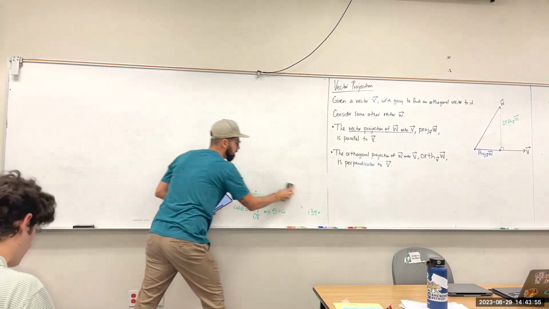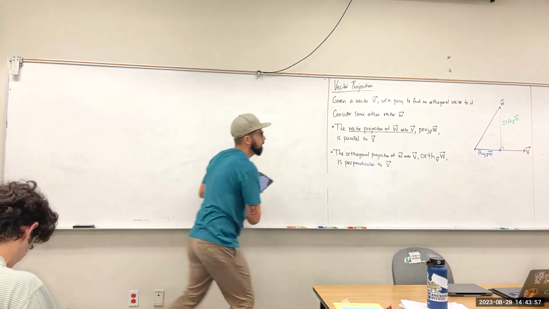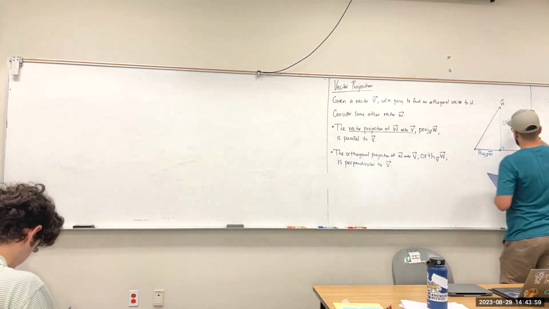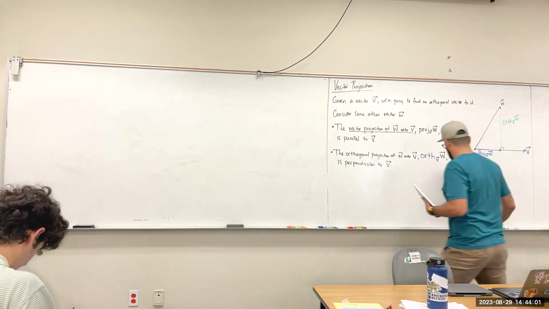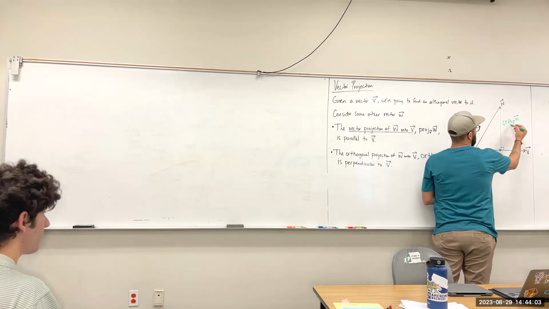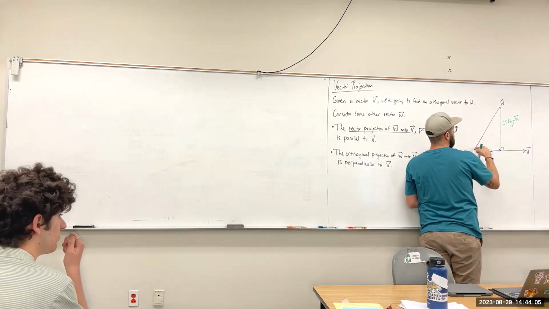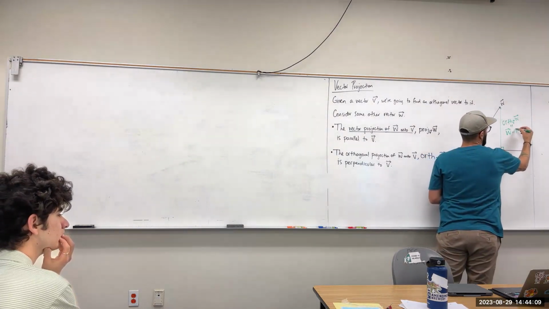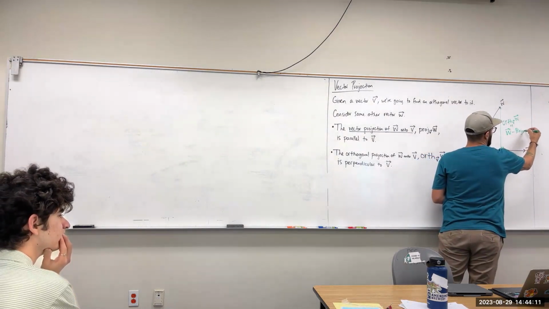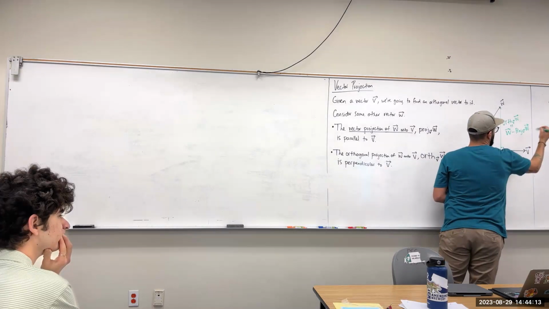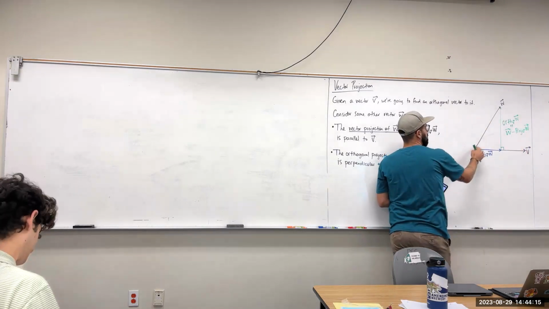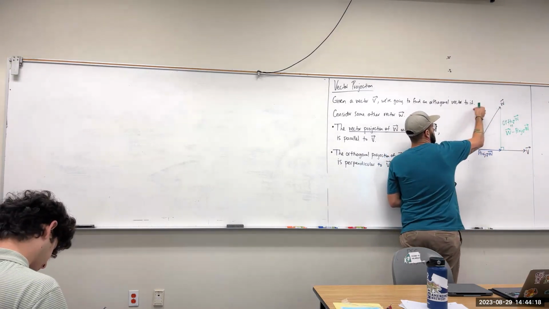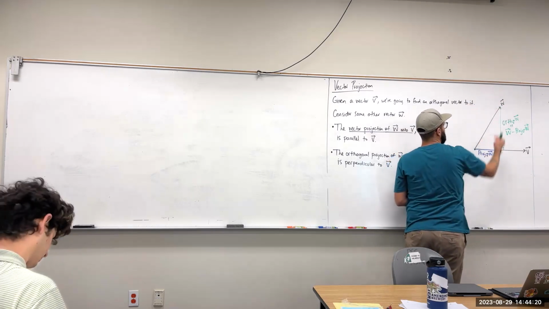So now the question is, to get this one here, what we're going to have to do is W minus the projection vector. That's how we're going to find this guy, by subtracting W minus the projection to give me the green.